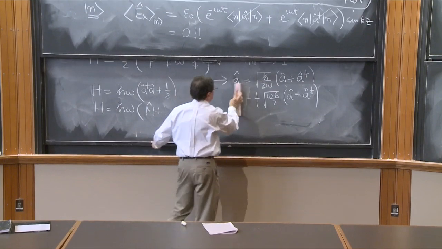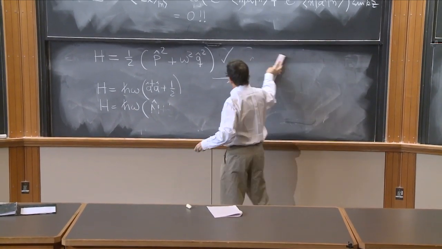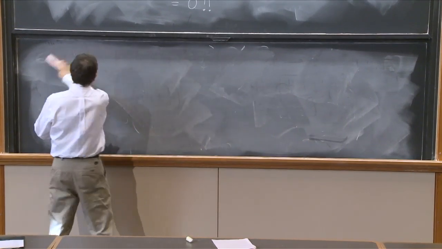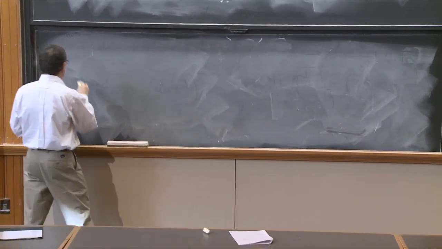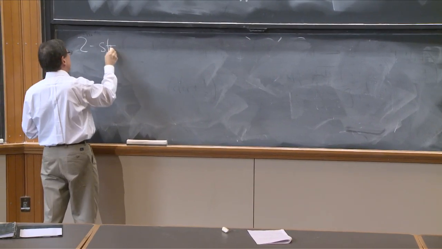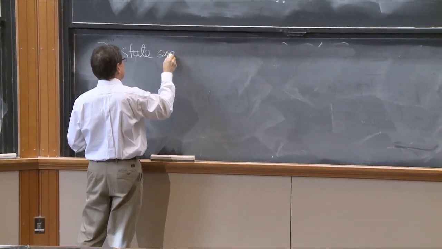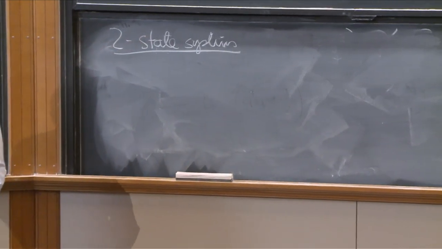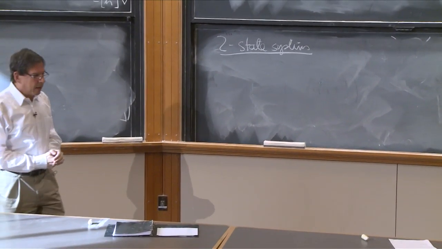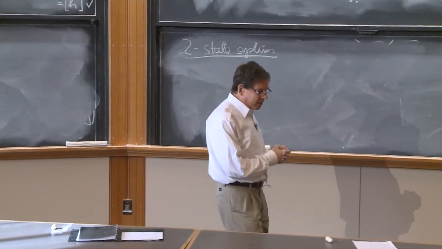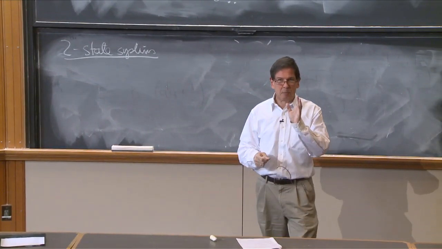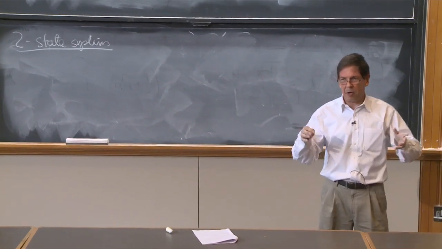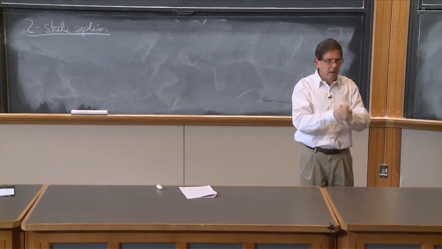Okay, so here is what we want to understand: two-state systems. It's probably going to be about this and two more lectures on that. What we want to understand first is spin precession. And you say, well, spin precession looks like a very particular kind of problem.